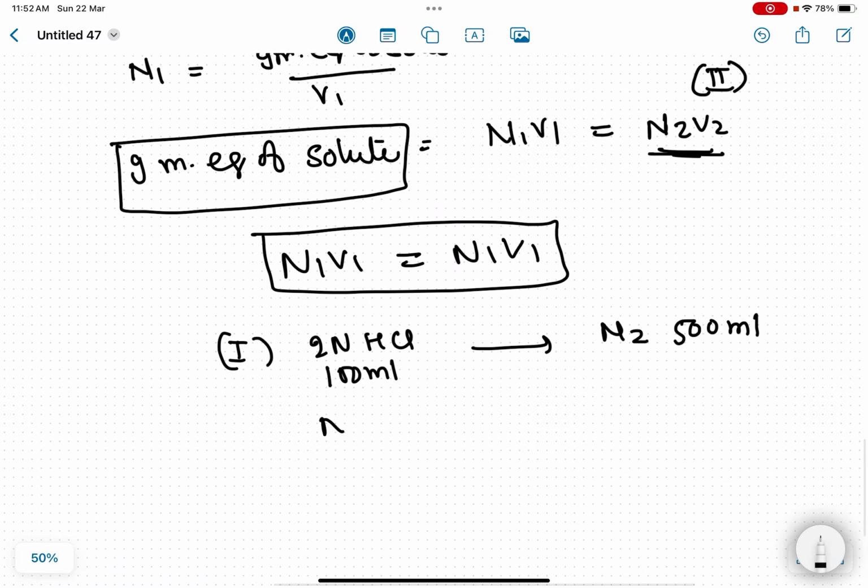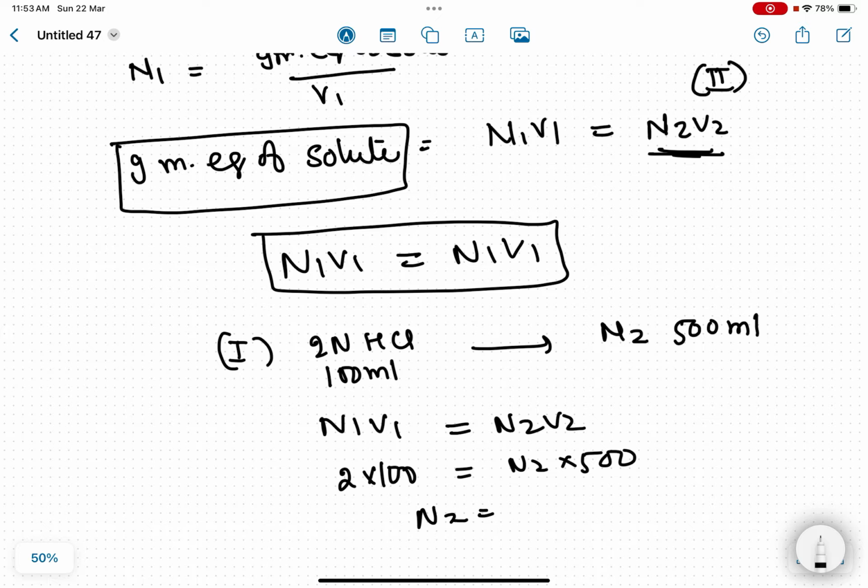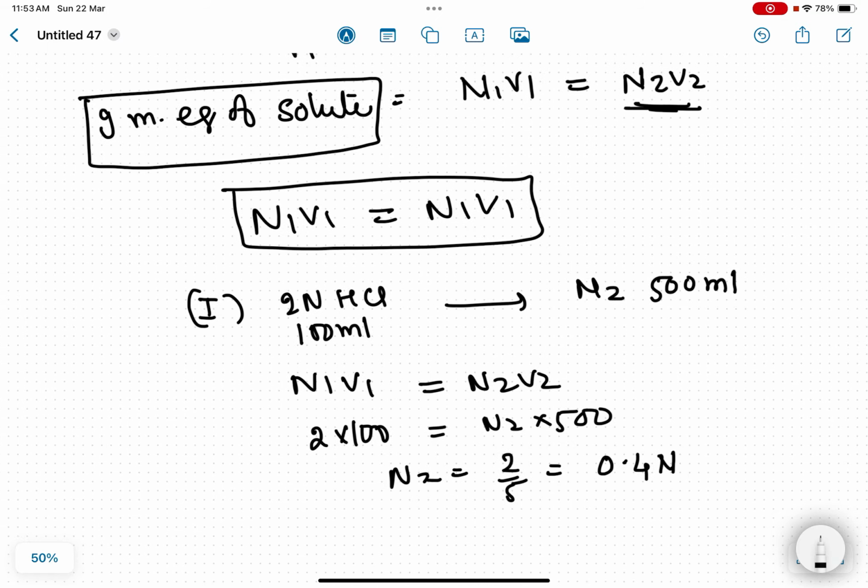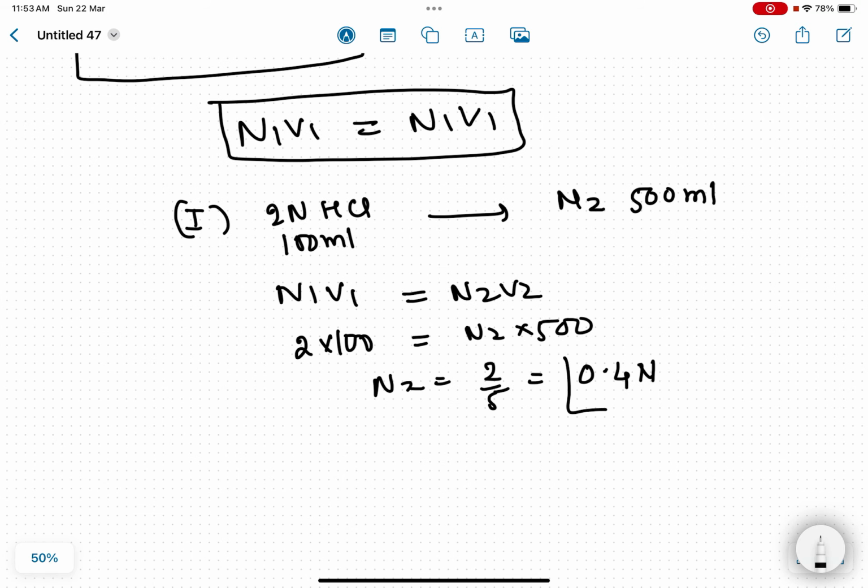So with N1 V1 equal to N2 V2, we can calculate 2 into 100 equals N2 into 500, and it will give us 2 upon 5, which is 0.4 N. So after dilution, the normality of the solution would be 0.4 N.